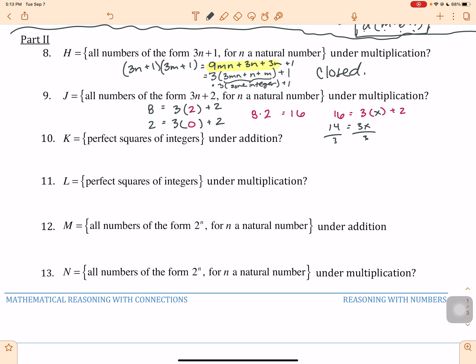So we get 4 and 2/3. I was thinking 12, but it's 4 and 2/3. And that's not a natural number, right? And we don't get something that can be rewritten in this form 3n plus 2. So this one is not closed. That would be a good counterexample. And I challenge you to try to find another counterexample as well.